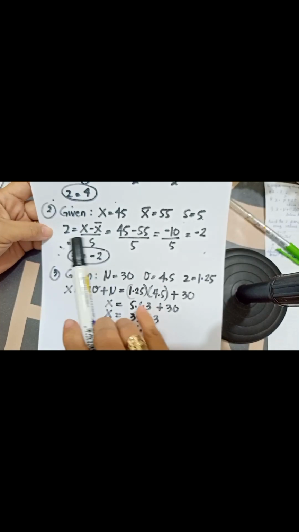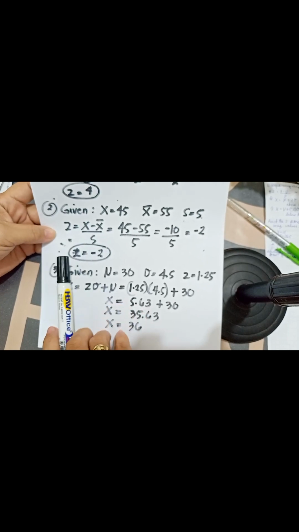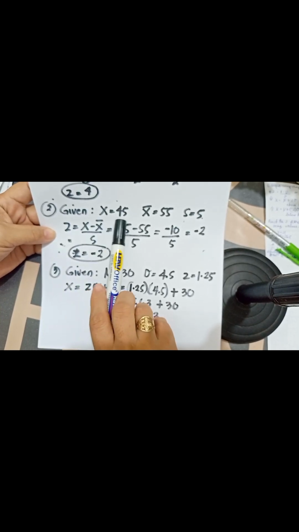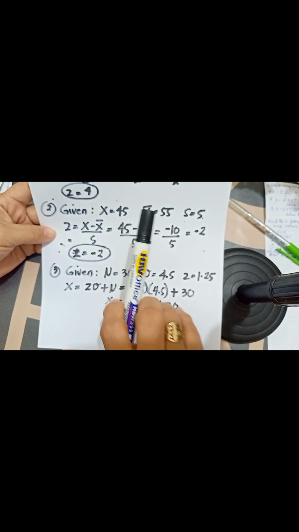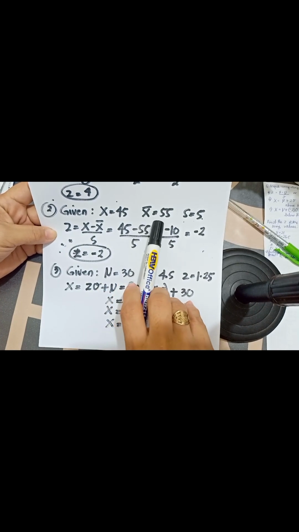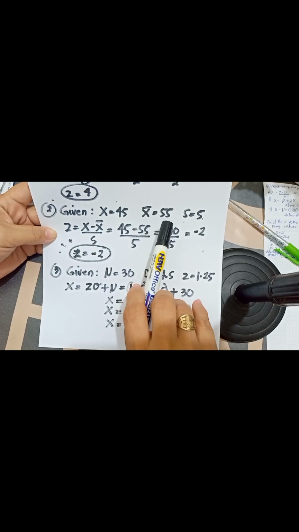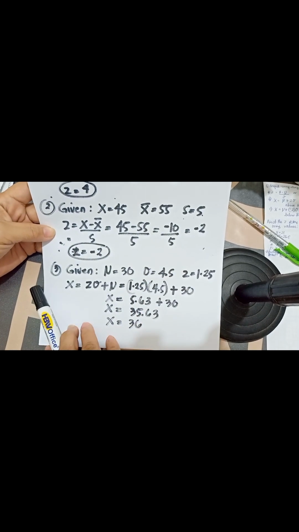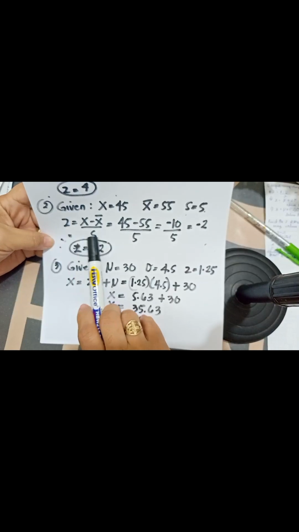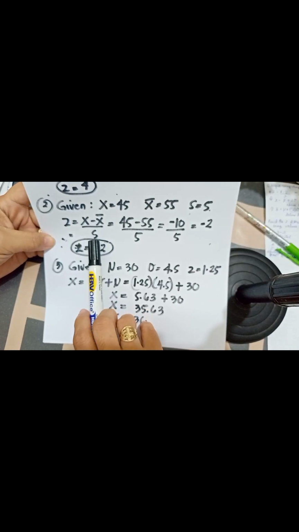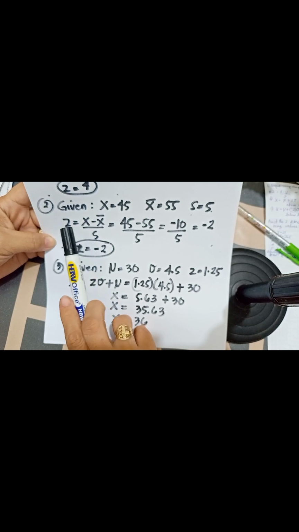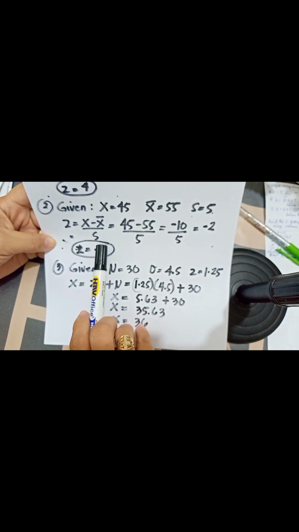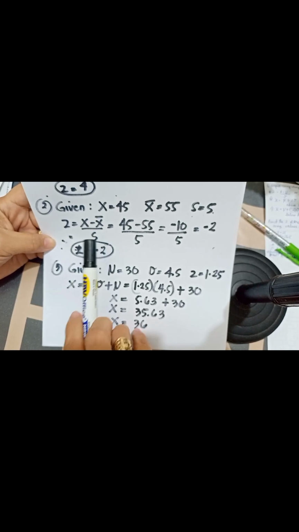Okay, so number 2 is an example of a sample data. The givens are x is equal to 45, x bar is equal to 55, and s is equal to 5. Using the formula for finding the z-score of a sample data, we have z is equal to x minus x bar divided by s, or standard deviation.